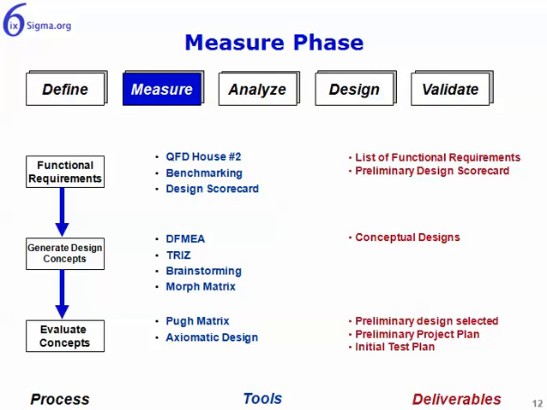And then still at a very high level, once we have a number of concepts perhaps selected, then we want to evaluate those. So we want to know from this phase how does the solution have to function, what are the potential solutions that meet those requirements, and then a preliminary evaluation of how each of these potential solutions stack up to one another.